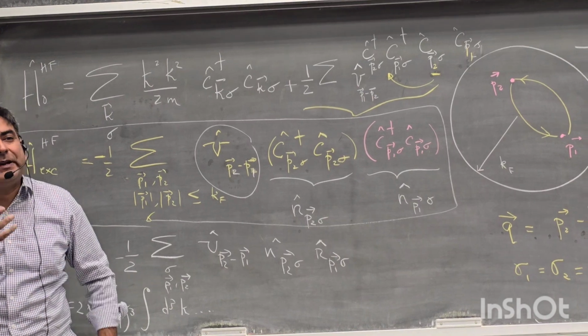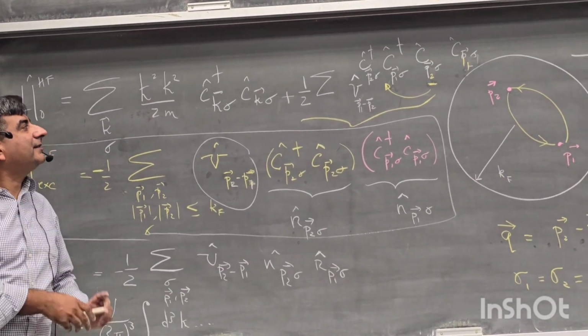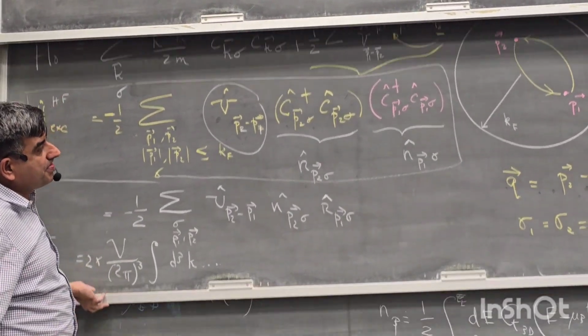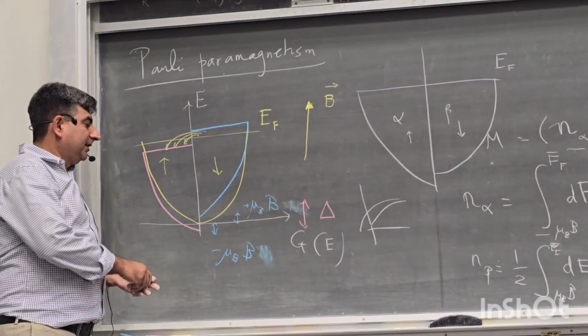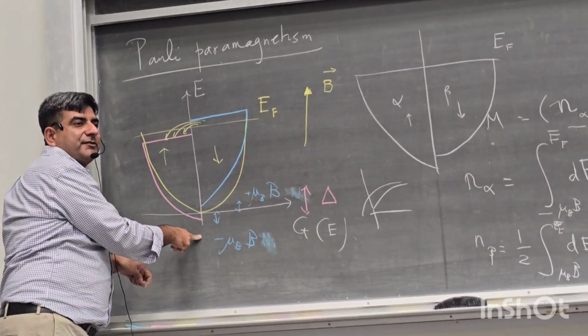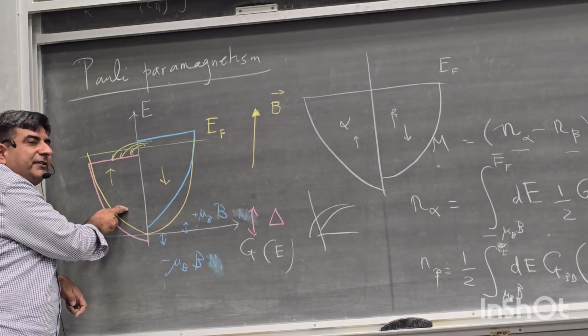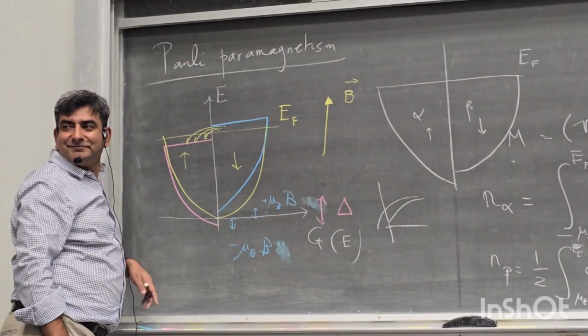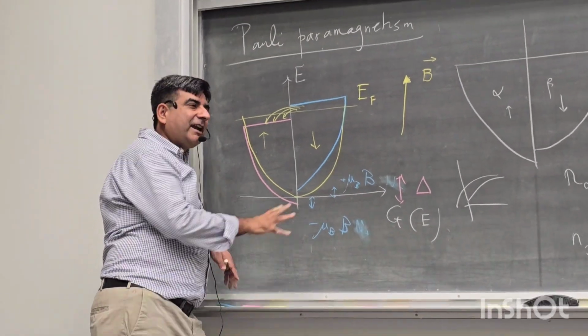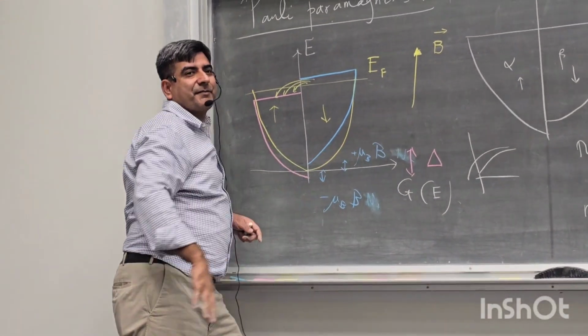You see, when a spin up electron, where is this? I'm giving you a physical picture. Where is this splitting coming from? This lowering of energy is really coming from an electron in this spin band, spin up, seeing a magnetic field. That magnetic field is extraneous to the sample.